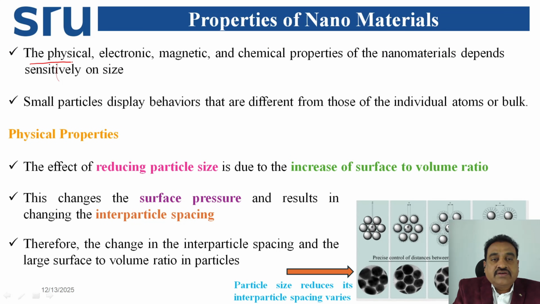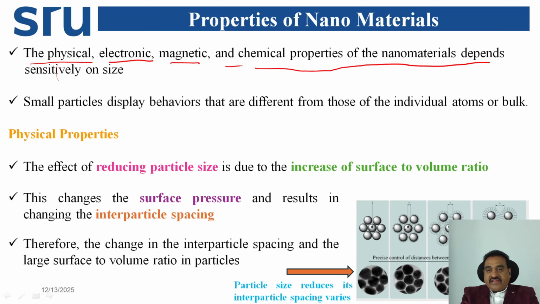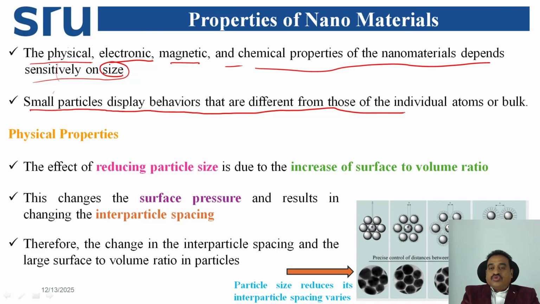The physical, electronic, magnetic, and chemical properties of nanomaterials depend sensitively on their particle size. Small particles display behaviors that are different from those of individual atoms or bulk material. The first property is the physical properties of nanomaterials.